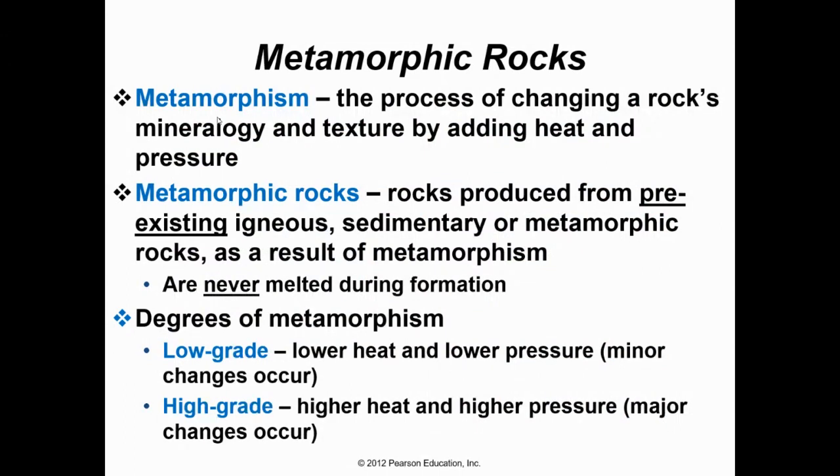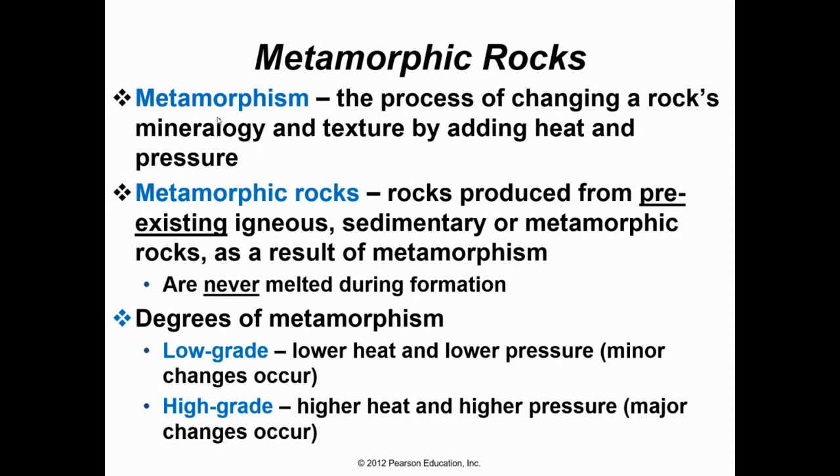You take a pre-existing rock and then you subject it to heat and pressure, thus it becomes a metamorphic rock. One important thing about metamorphic rocks is that they are never melted during the heat and pressure process. If they did, they would become an igneous rock.